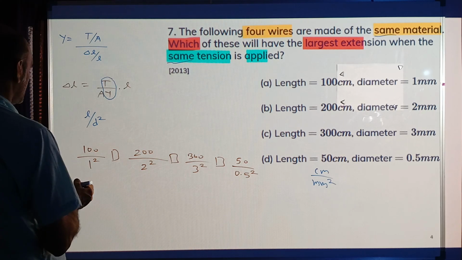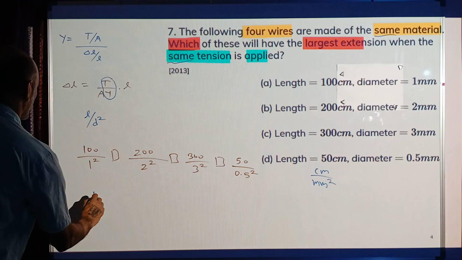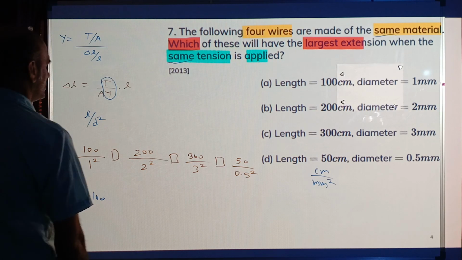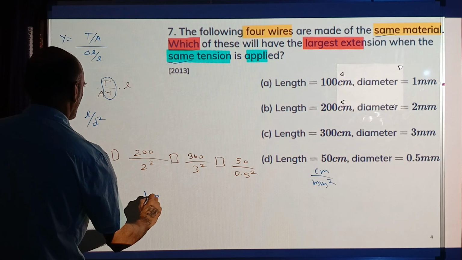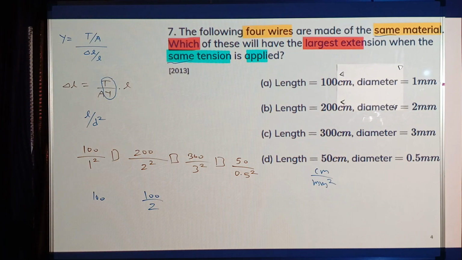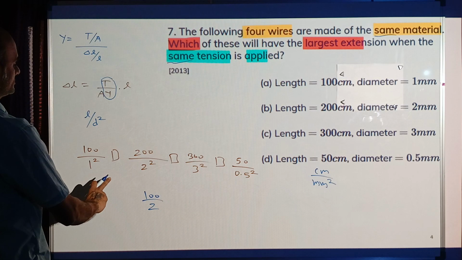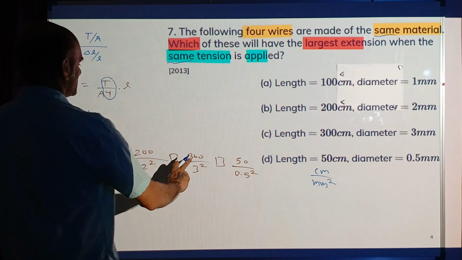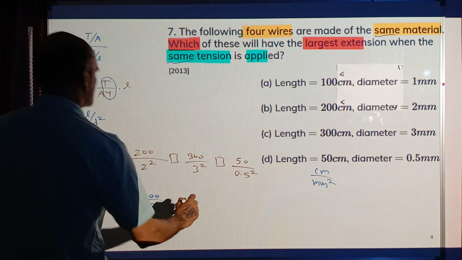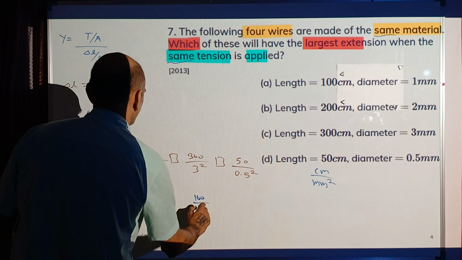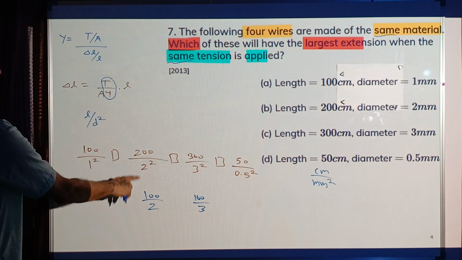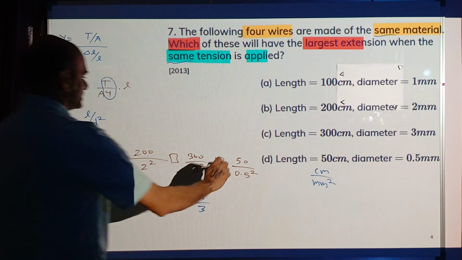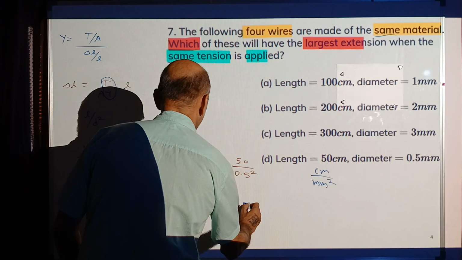So the first one is 100 and the second one is 200 by 2 square. 200 can be written as 100 into 2, and 1 2 will cancel here, so it will become 100 by 2. 300 can be written as 100 into 3, and 1 3 will cancel here, it will become 100 by 3. And the last one is 50.